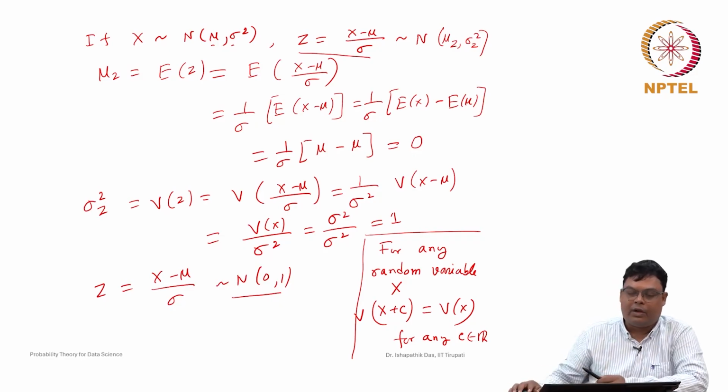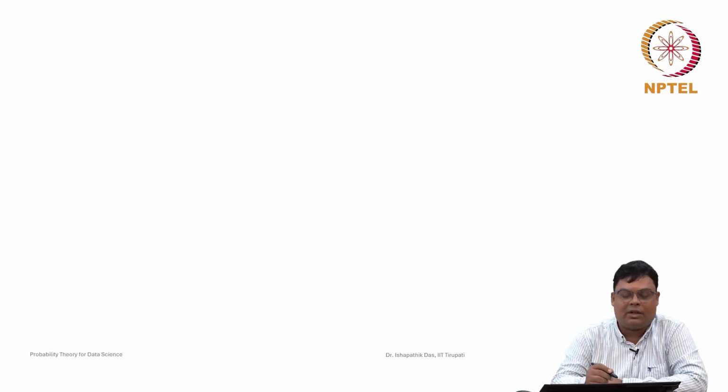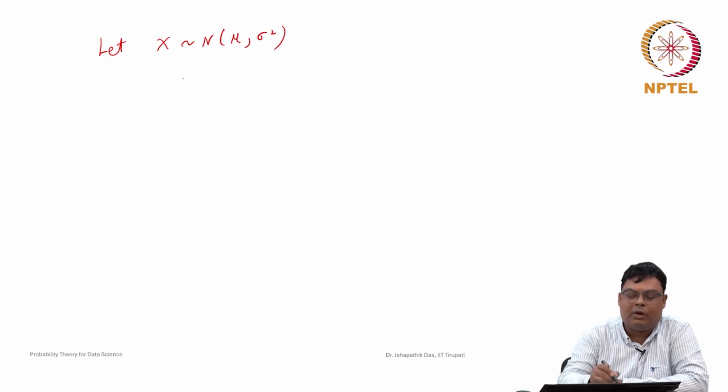Now, suppose you want to find a probability related to a normal distribution, because the integration is not tractable. For example, let x be normal with mean mu and variance sigma square. Now, you want to find the probability that x is greater than c1 and less than or equal to c2.